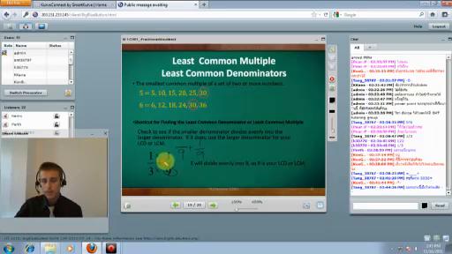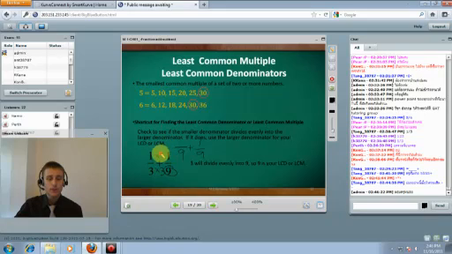What can we multiply 3 by to make it 9? Three. We can multiply 3 by 3.